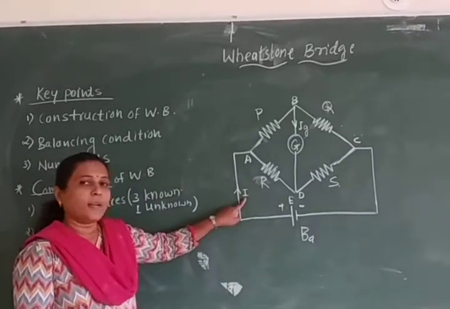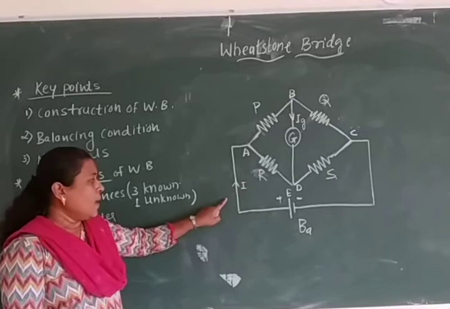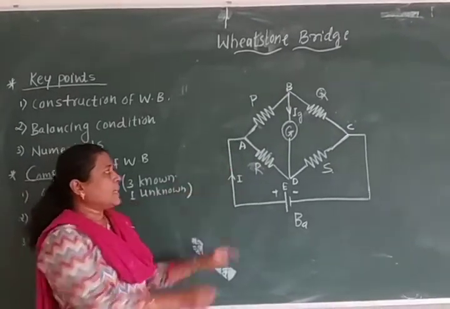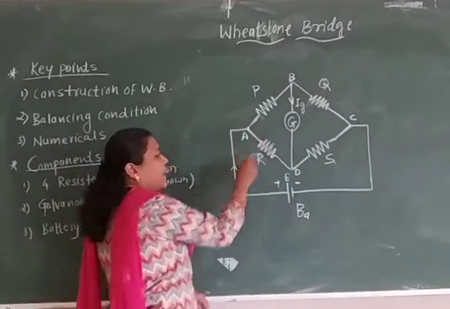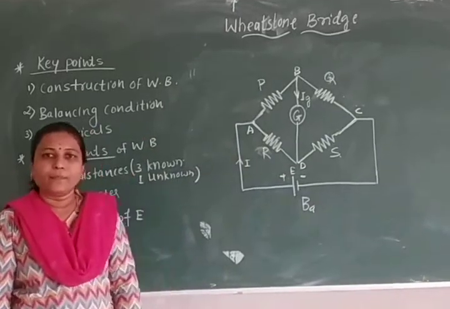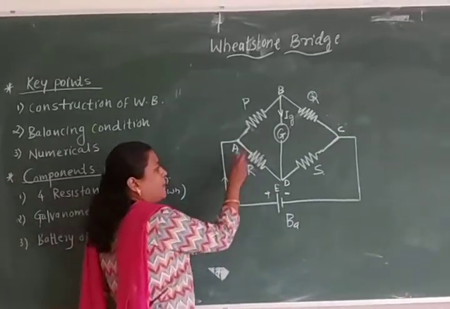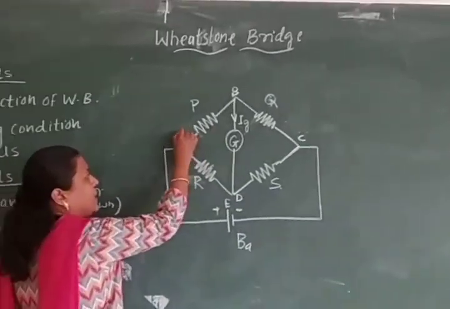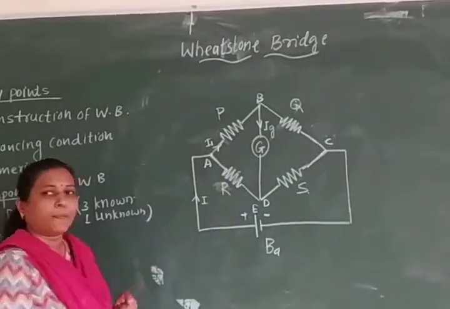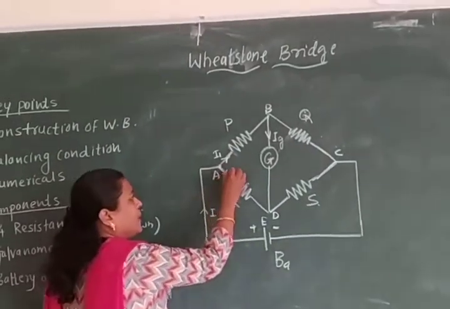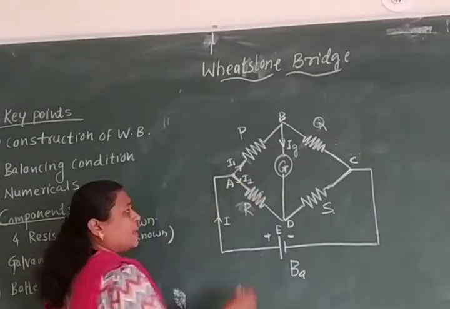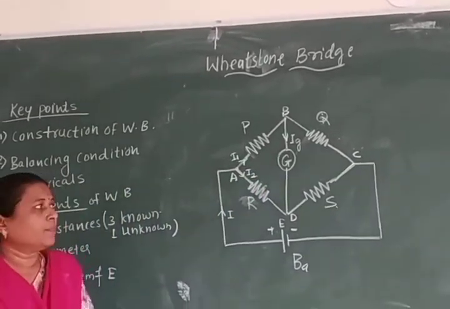When this current I reaches point A, it will be divided. Out of this current I, I1 is the current flowing through the resistance P and I2 is the current flowing through the resistance R.